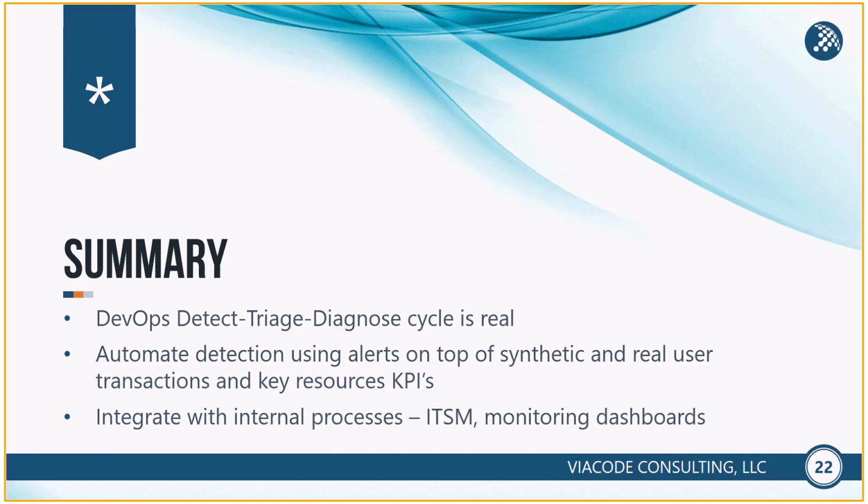Typically, when we're doing customer engagement, we start with assessment, and the outcome is this, as a first step, we automate detection using alerts on top of synthetic and real user transactions, as well as we identify key resources and we monitor those key resources. So we kind of cover our bases.